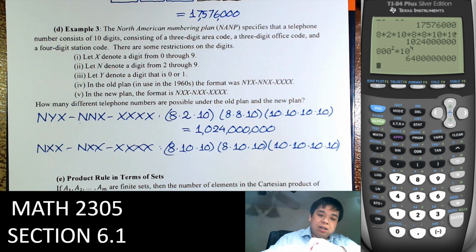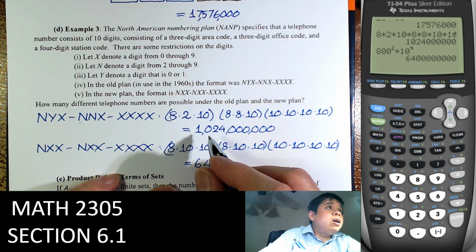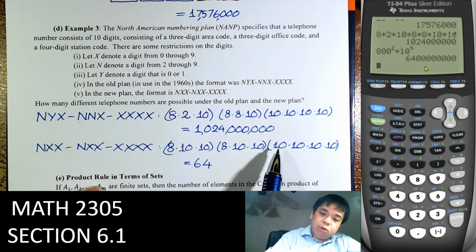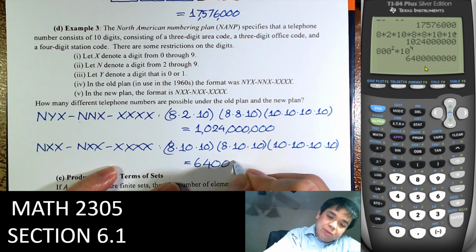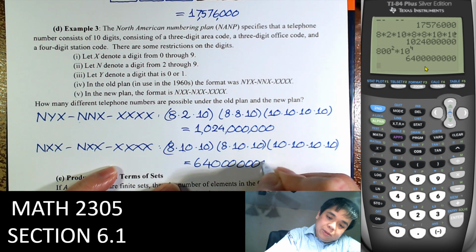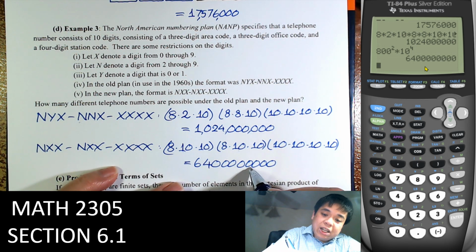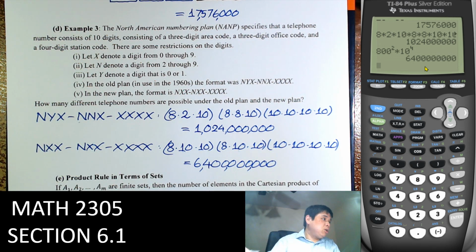Let's count the zeros: 1, 2, 3, 4, 5, 6, 7, 8. Because 10 to the 4th, 10 to the 8th. So that's how much we have.